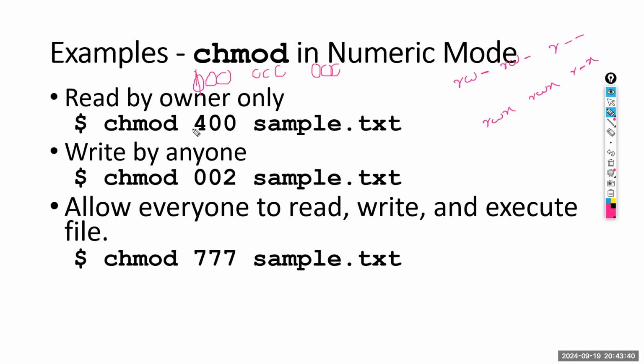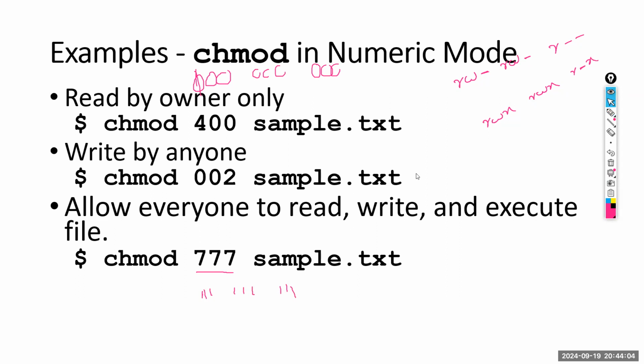If I say chmod 400 on this one, that means the user can only read, and others can't do anything. The user cannot even write or execute. That means you change the privilege. So chmod 777 means 111, 111, 111. That means all can read, write, execute, read, write, execute, read, write, execute.